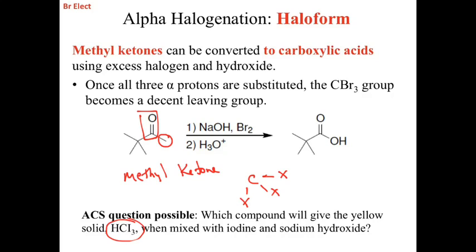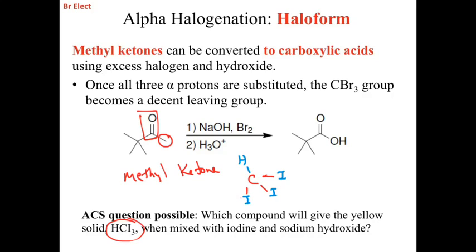and we can run this reaction into the carboxylic acid. But typically what this is used for is not the functional chemistry of turning it into a carboxylic acid, but that if you do this with our X's being iodines, this species is highly insoluble, and what ends up happening is you get this precipitate.